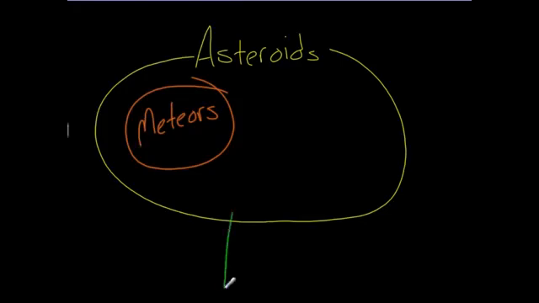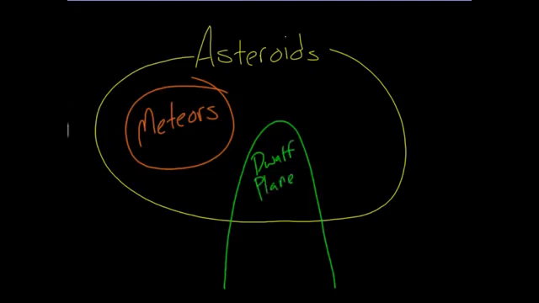So we'd have some dwarf planets that would be considered asteroids, and anything else around the orbit of Jupiter that might have been classified as other things, like various gas, dust, just stuff floating in space.